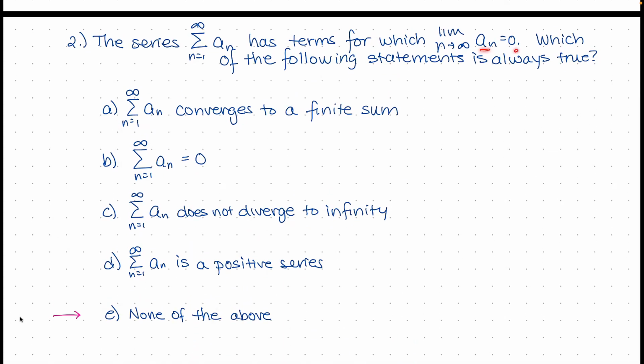If the terms tend towards 0, well, the divergence test tells us if they don't tend towards 0, we know it's going to diverge. But we can't conclude anything else from the divergence test. We can't conclude that it converges, so that automatically eliminates this one. Just because the terms tend towards 0 doesn't mean the infinite sum is going to be 0, so we can get rid of that one.